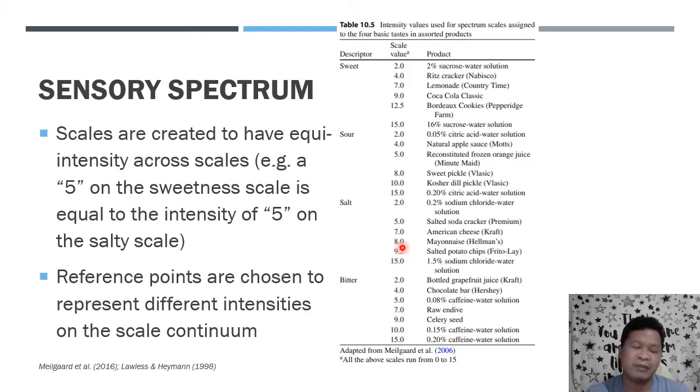In a sense, in all sensory evaluation, your attempt to quantify is very limited. It will never be as accurate or precise as using equipment like a pH meter or an analytical balance, right? So we just have to take that into account and make sure our panelists are in the best shape when they're doing their test.